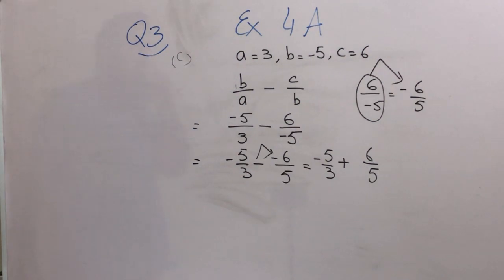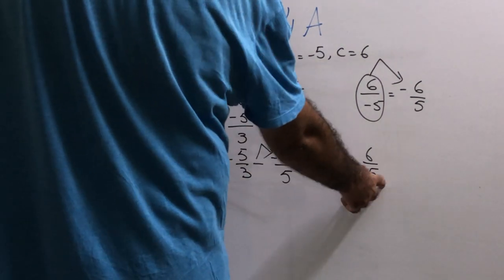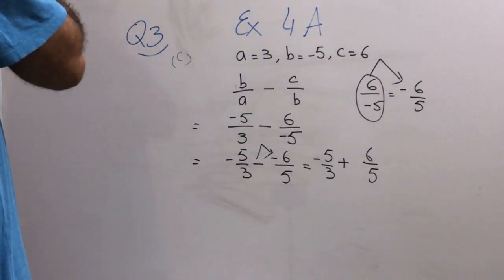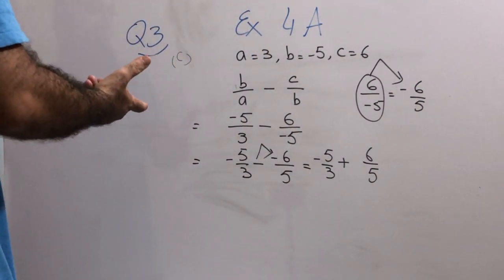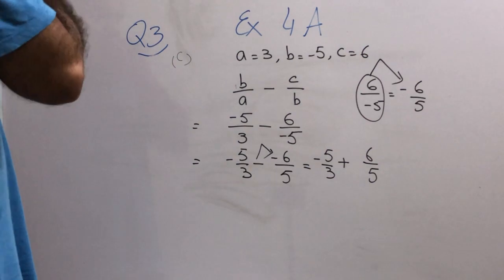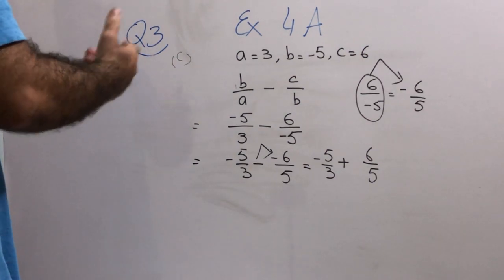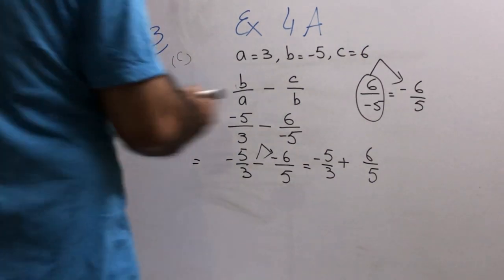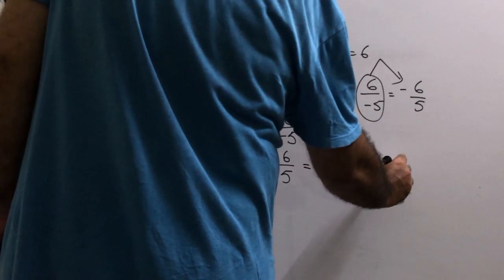Now it becomes a question like addition of fractions. When we deal with addition of fractions, we need to equalize the denominators. The denominators must be the same, then we can easily add the fractions. So to equalize the denominators, we will multiply this by 3.